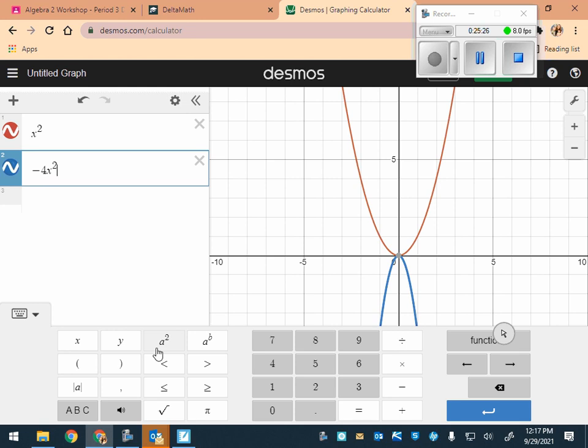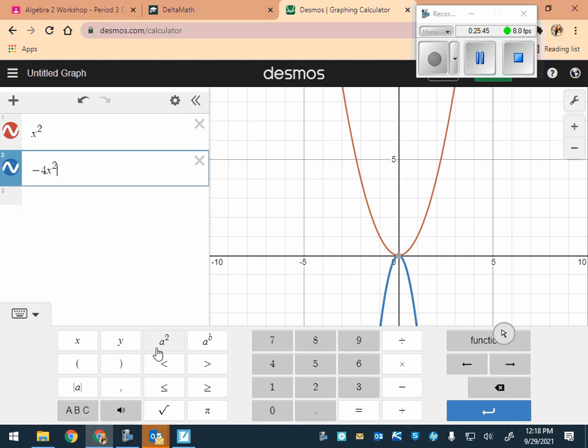Also, it's opening down. So the negative tells us it's reflecting, opening down. It's a negative a value.